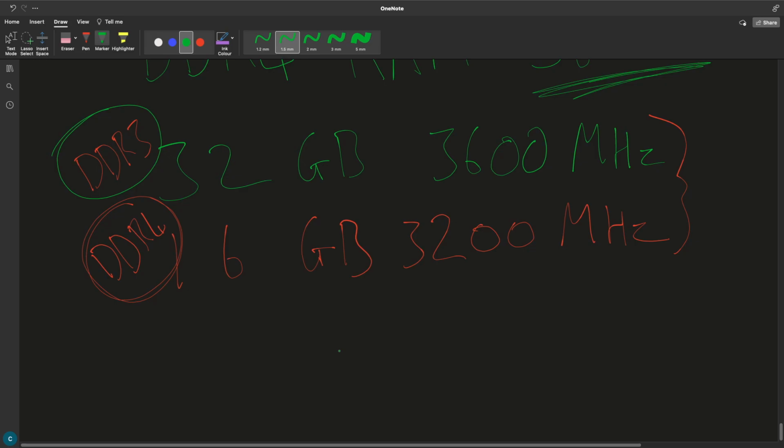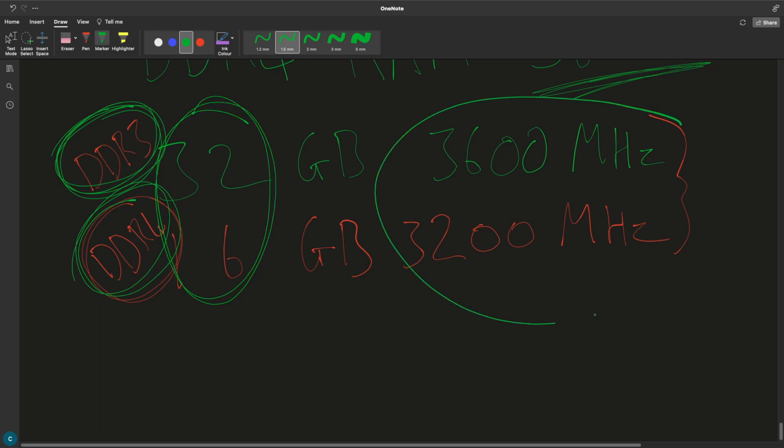So if you had 32 gig at a lower frequency, it might work better than 16 gig at higher frequency effectively. So in the same vein, not only does the DDR3 versus DDR4 make a big difference, but also the amount makes a big difference, and the frequency.